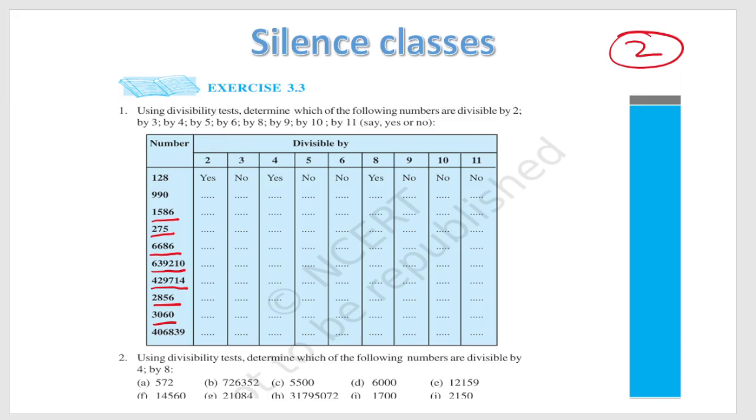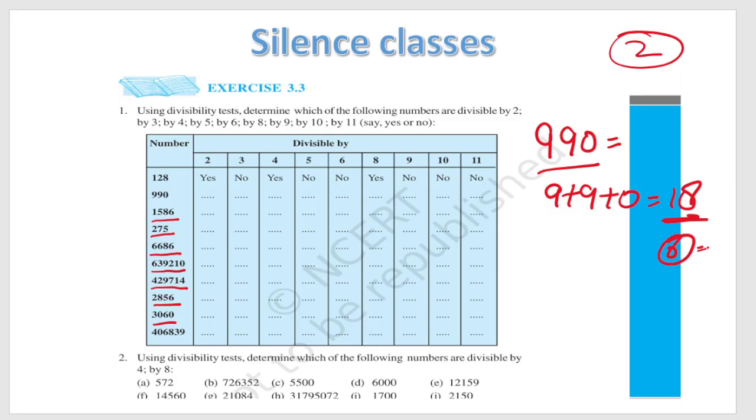Whichever number is given to us, like 990, we have to add all the digits of the given number, that is 9 plus 9 plus 0. 9 plus 9 is 18. If the sum is divisible by 3, then it means the number is divisible by 3. In 3 6 are 18. This means 18 is divisible by 3. It means yes, 990 is divisible by 3.